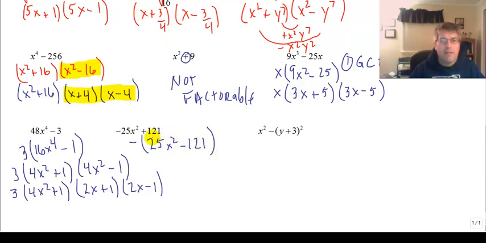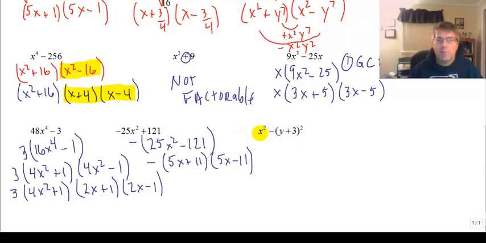And sure enough, this binomial is a difference of two squares. So I have to carry down my negative sign, and it's 5x plus 11 and 5x minus 11. And so that's fully factored, the opposite of 5x plus 11 times 5x minus 11. Leave that negative sign there, you're going to need it.